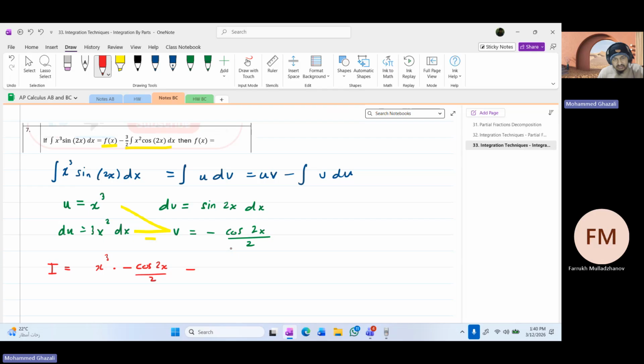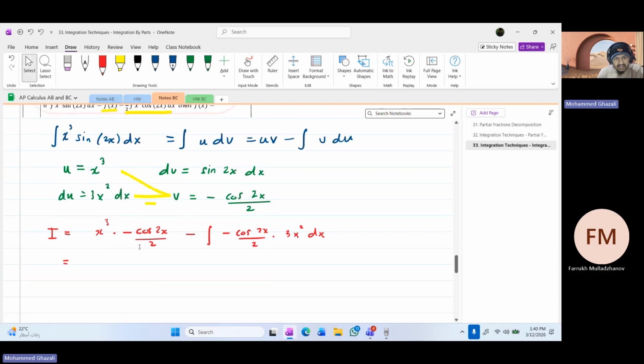So the product of these two is v du. v is negative cos 2x over 2 times du is 3x squared dx. So now you can see where this is coming from. So what we have is negative half x cubed cos 2x plus 3 over 2 x squared cos 2x dx.